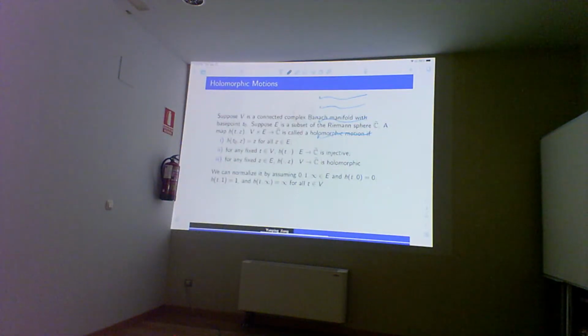Second, this map is jointly continuous, meaning it's a continuous map from V cross E to C. Also, I can use a Mobius transformation to normalize three points, so I assume 0 and 1 are in E, and 0, 1 and infinity are always fixed.